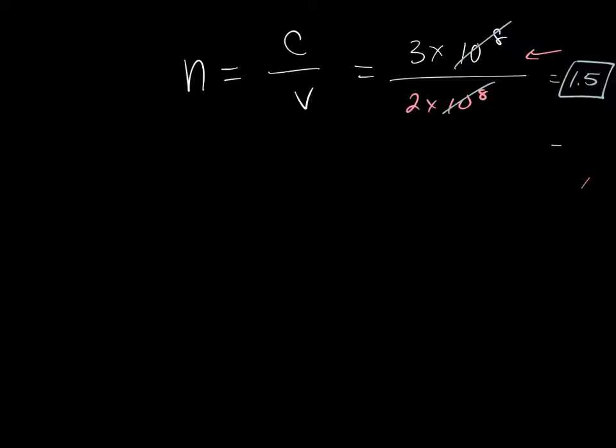It's around 1.5 because the speed of light in anything that's not air or a vacuum decreases. So the numerator will always be greater than the denominator, and the value is always going to be greater than 1.